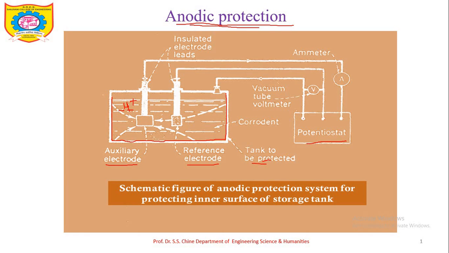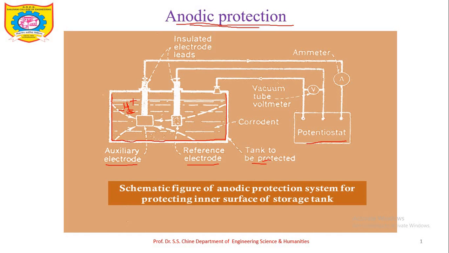So what will happen? Now there is a barrier between this tank wall and this electrolyte. H plus is acting as an electrolyte, acid solution. So before formation of this oxide film, this tank was directly in contact with the acid solution.